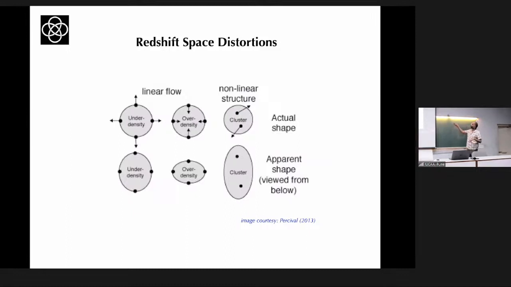This effect is called a distortion due to redshift space. So it's redshift space distortion, RSD. Okay. So I will not discuss more of this. Visually, a very interesting thing happens here because when I have a cluster of galaxies, the galaxies inside them don't have these coherent motions. They are not all infalling, they are not all expanding. They have random motions.